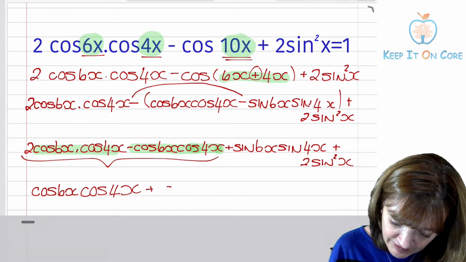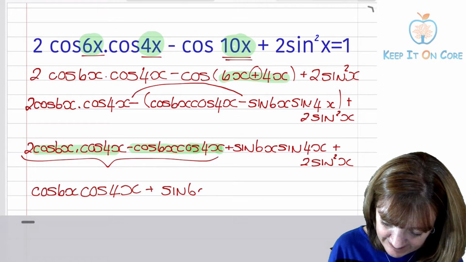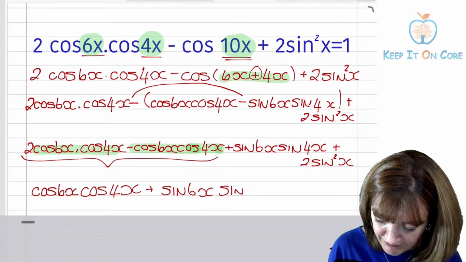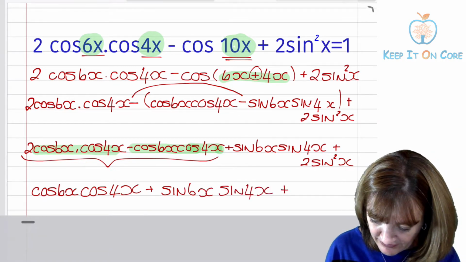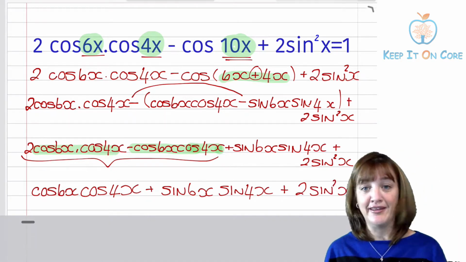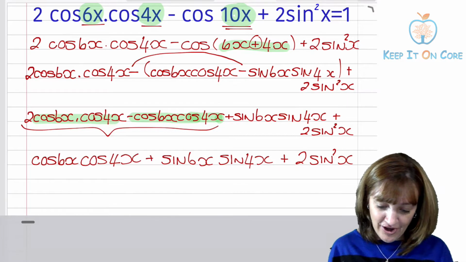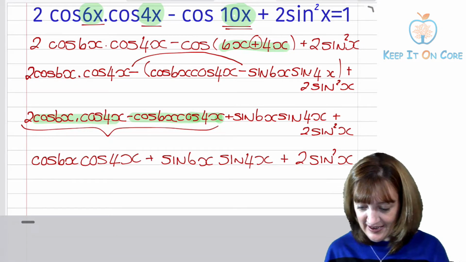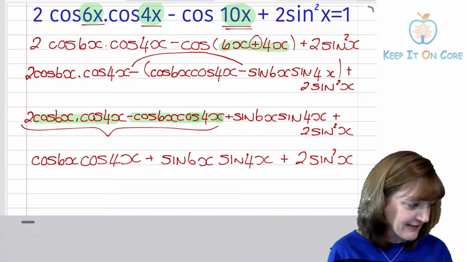Then you still have your sine 6x sine 4x, and you've got this 2 sine squared x sitting at the end.